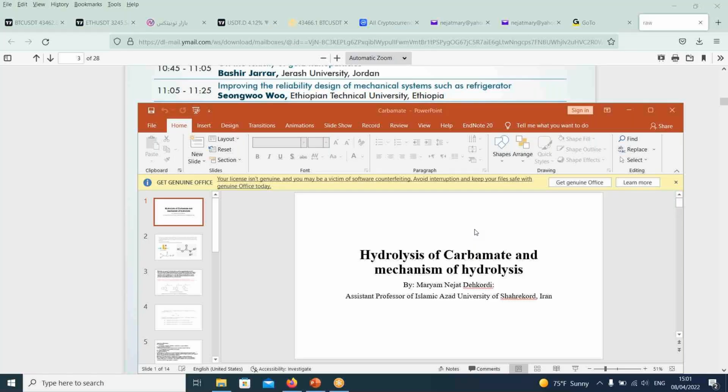Yes, we can see your screen, but make it a full screen.